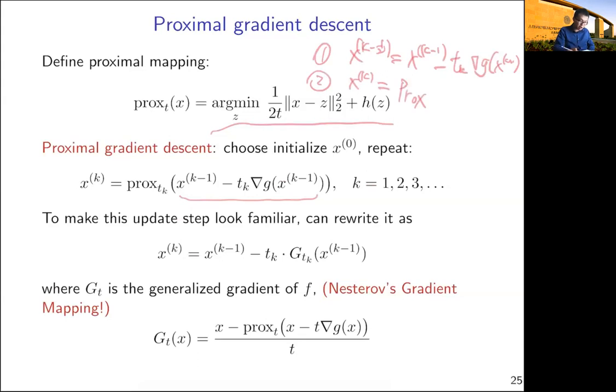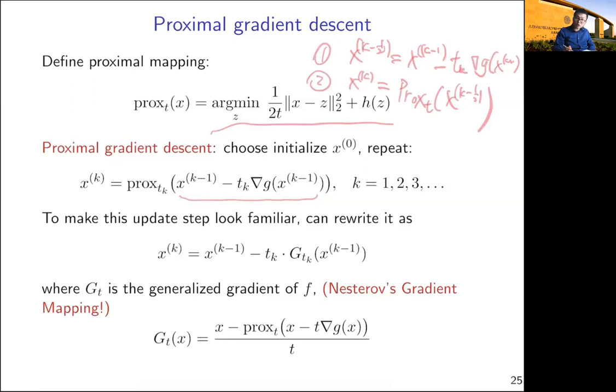This is a proximity operator, or proximal map. It's a mapping defined by the argmin we saw in the previous slide. So you apply this prox map with parameter t, taking as input simply x at k minus half.